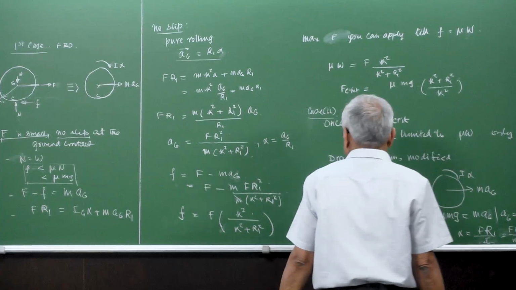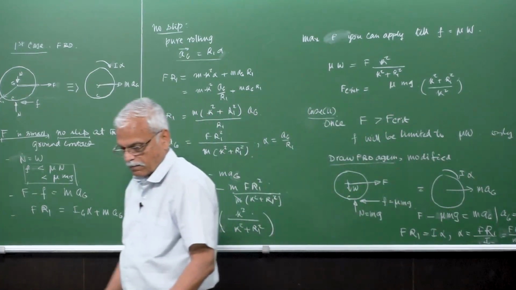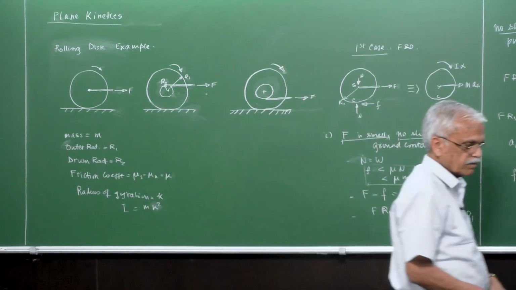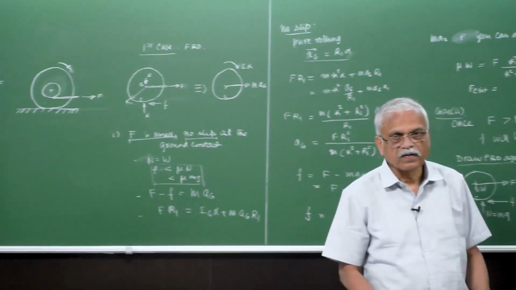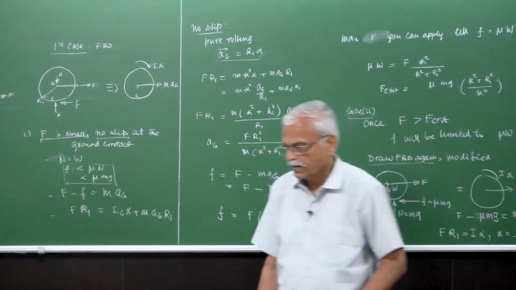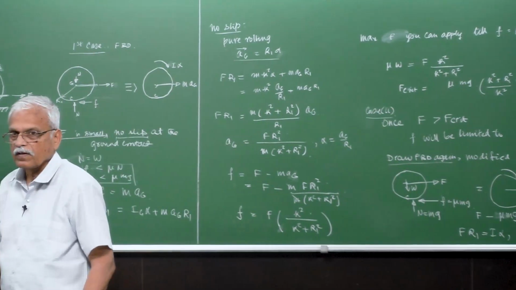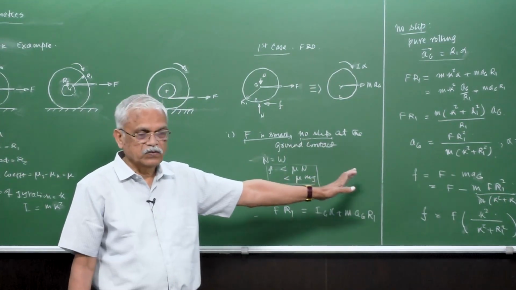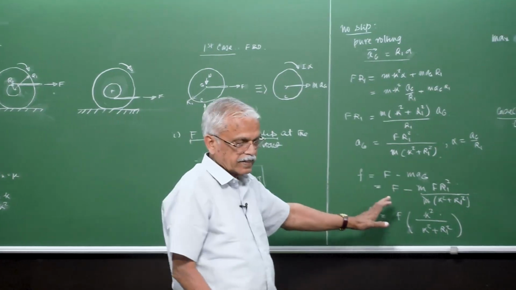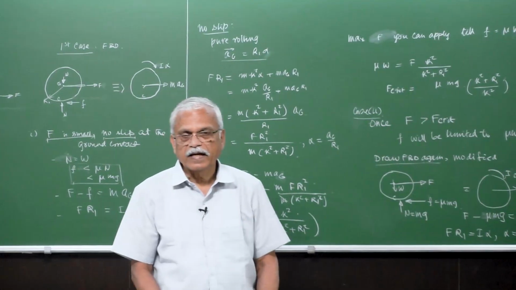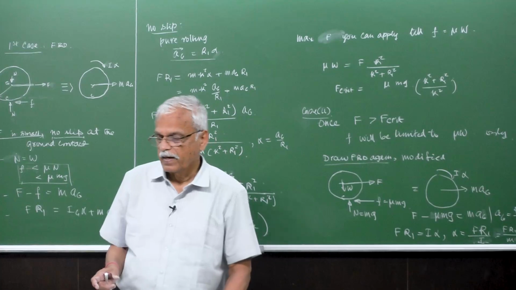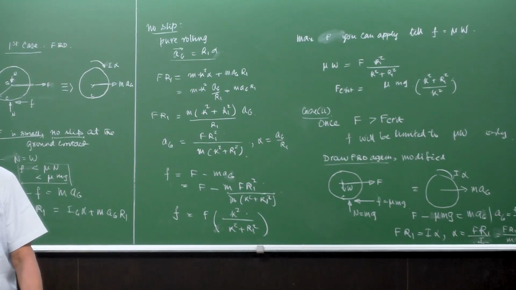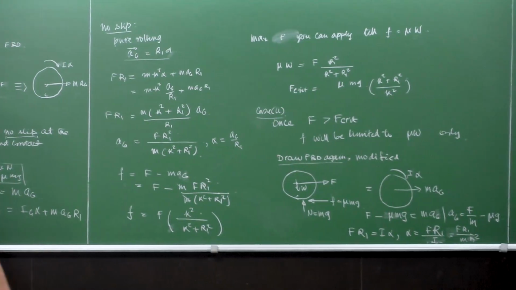Okay, so this is the interesting part, and whenever you have problems involving friction, we always follow this procedure, in the sense that we assume that there is no slip, and then we calculate everything, and then at the end of it we have to make sure that the friction force is less than the maximum allowable value, that's mu mg.